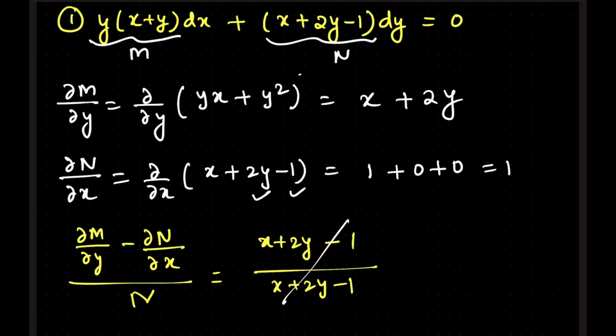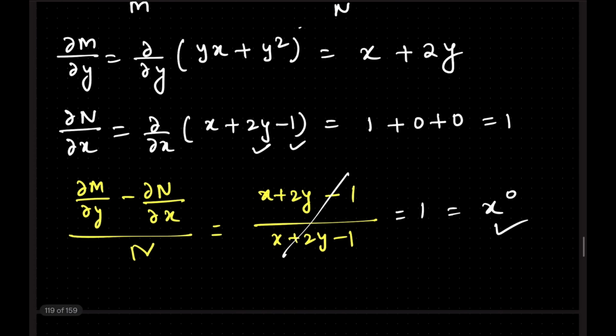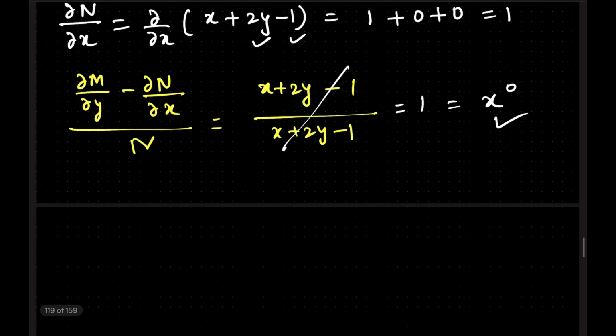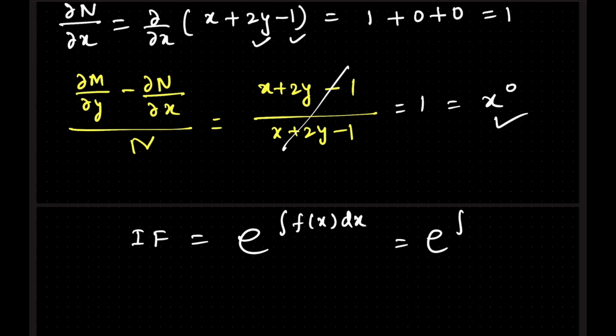You can clearly see that it will cancel and you will get 1. 1 is also a function of x only, because you can think of it as x to the power 0. Once you get this case, you find the integrating factor as e to the power of the integral of f(x) dx, and our f(x) is 1, so e to the power of the integral of 1 dx. You will get e^x as the integrating factor.